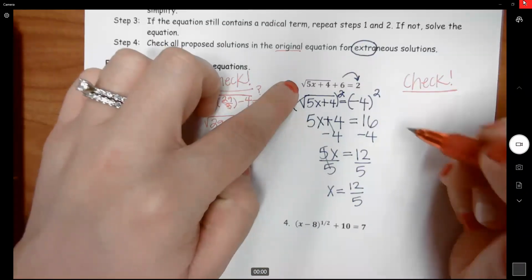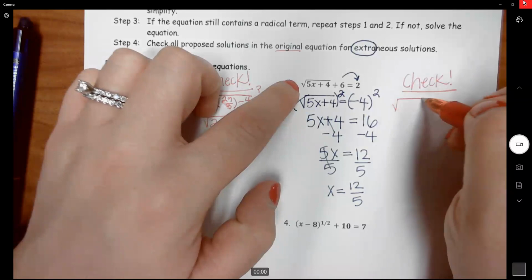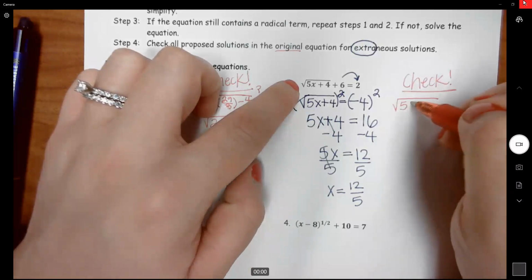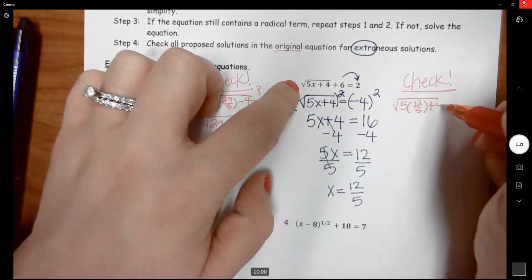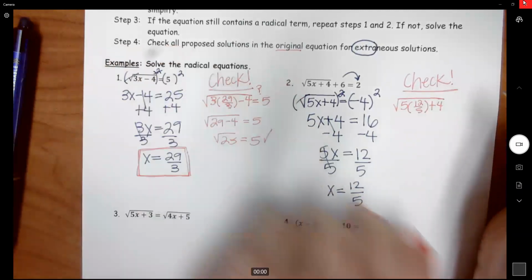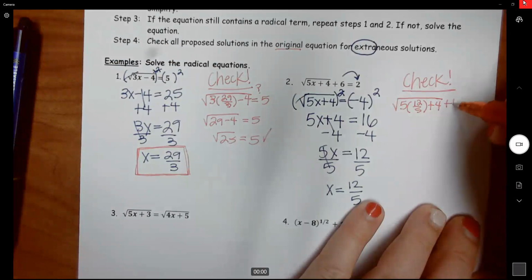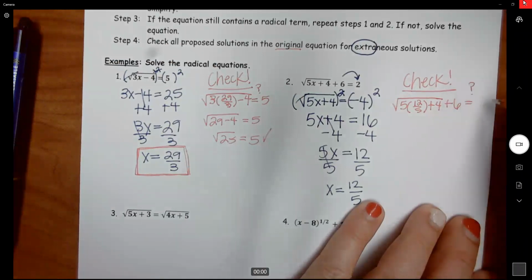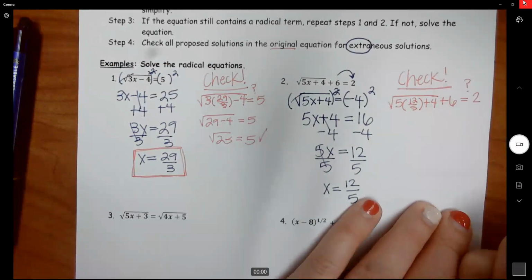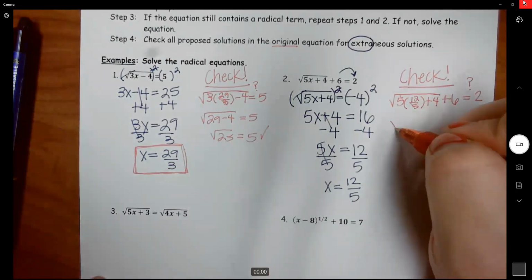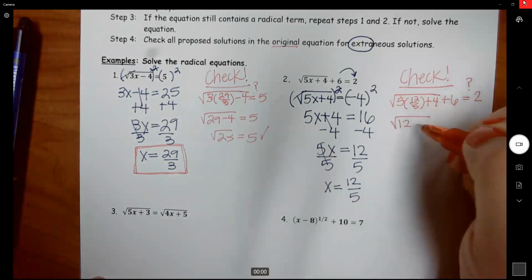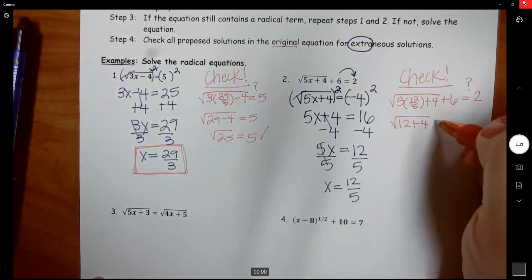So back into the original. I've got the square root of 5 times 12 over 5 plus 4, all under my radical, plus 6 outside my radical. And I want to know, does this equal a positive 2? The 5's cancel here, so I have 12 plus 4.